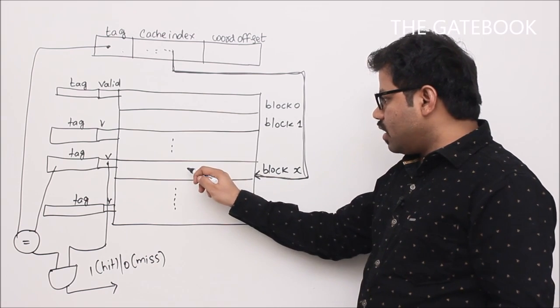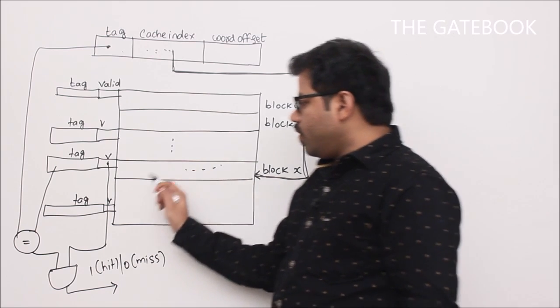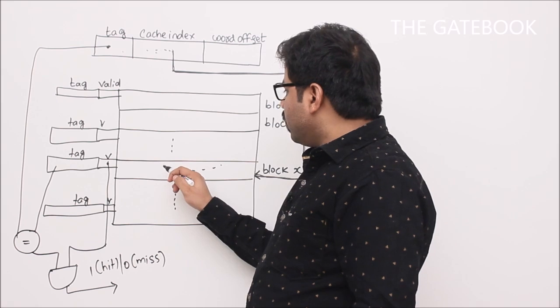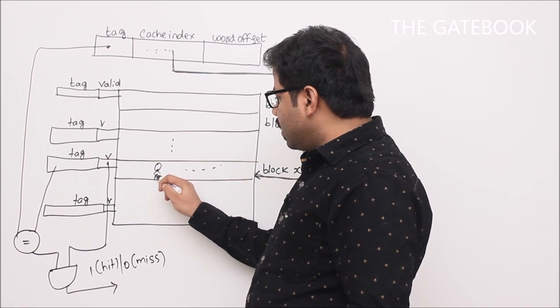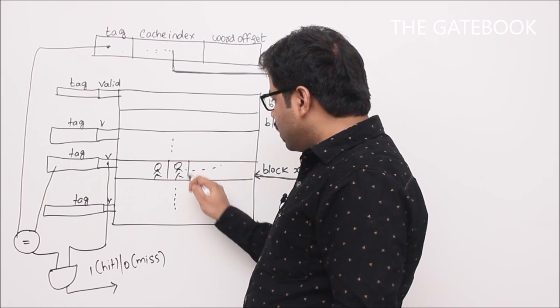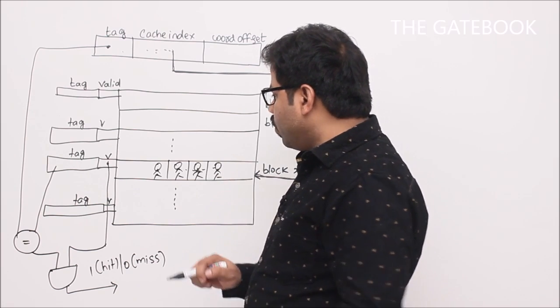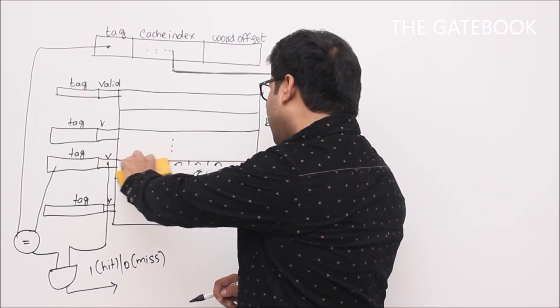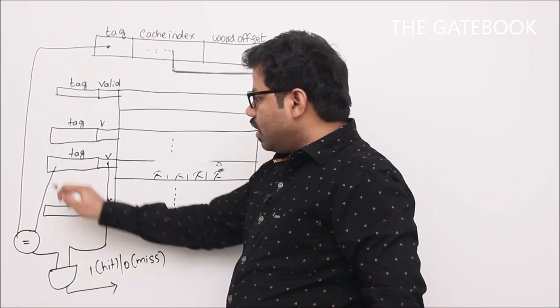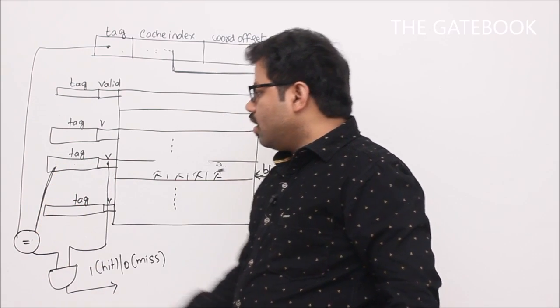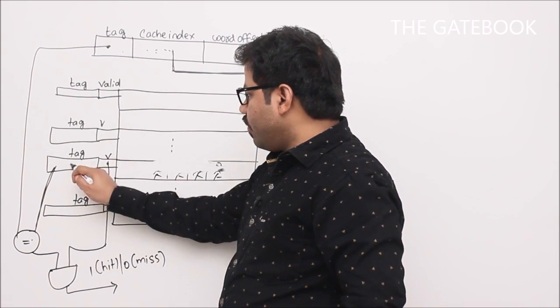There will be multiple candidates here, and we don't know whether our candidate is present or not. So we check the tag field. The tag is connected to a comparator, and this tag will be compared.